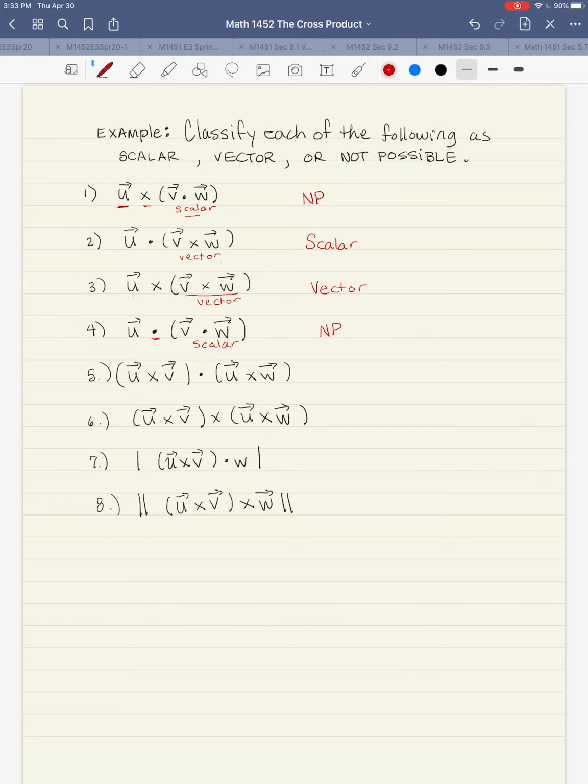But if we think of this as the operation dot product, then we'll have to say this is not possible, because the dot product is between two vectors. But if I wrote this, U times V dot W, then this is going to be a vector, because this is a scalar multiple of vector V.